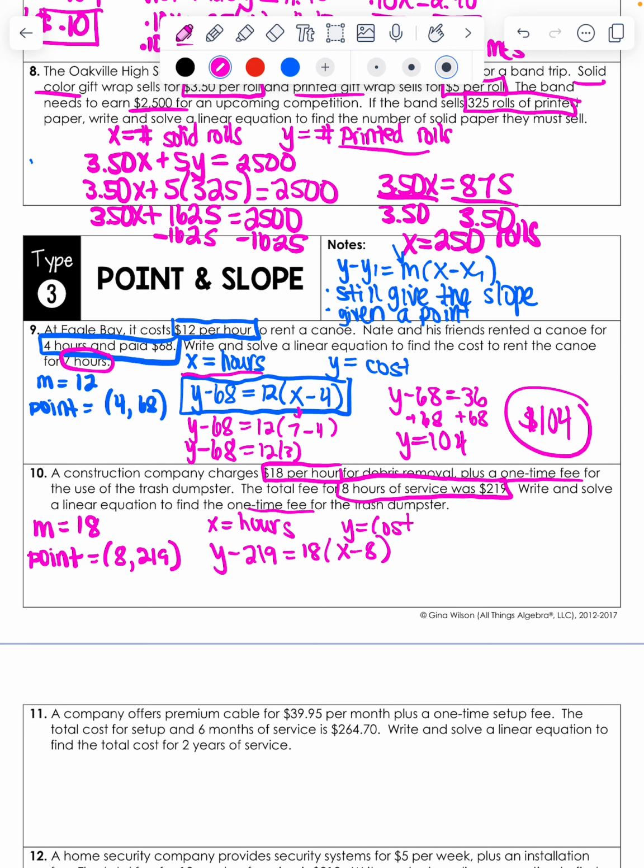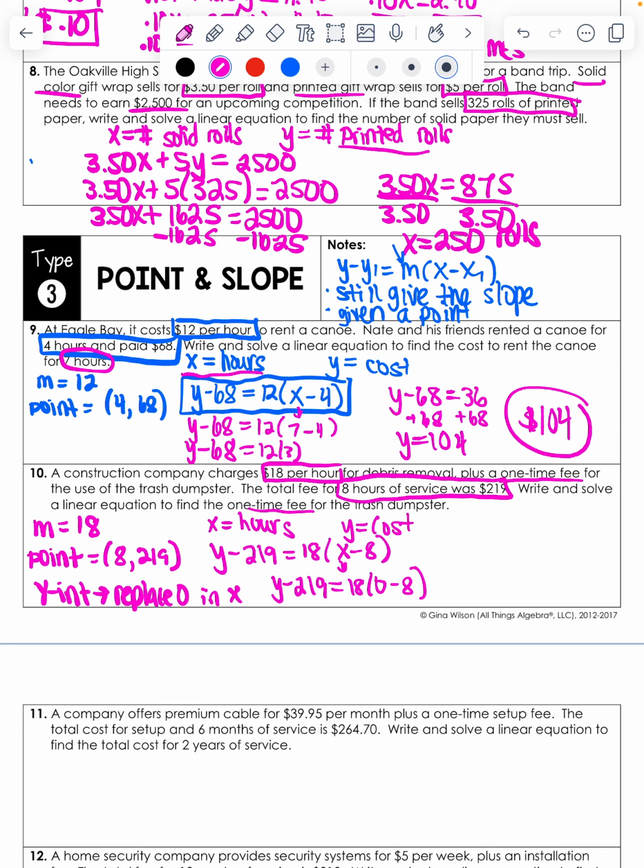Remember, to find the y-intercept, we replace x with 0, which makes sense. If we want to figure out how much just the one-time fee costs, before we spend any money on the actual debris removal, it makes sense to replace x with 0, because we want to figure out what that original fee is.